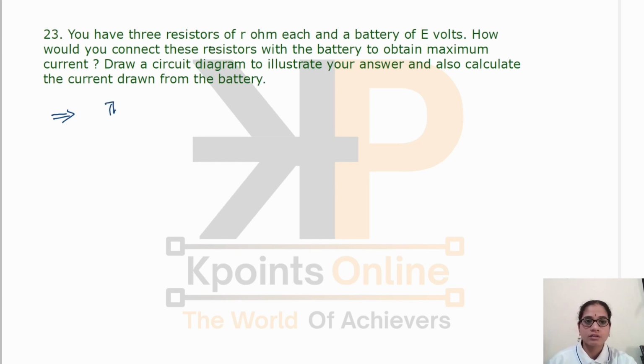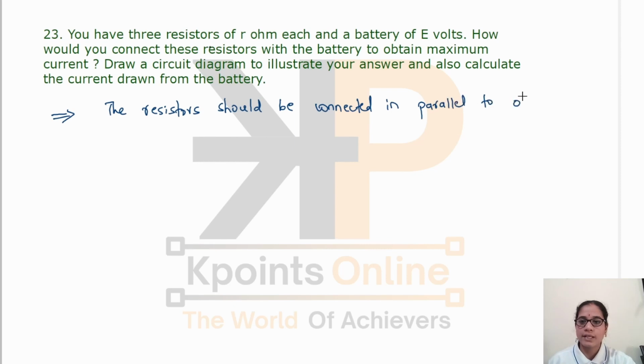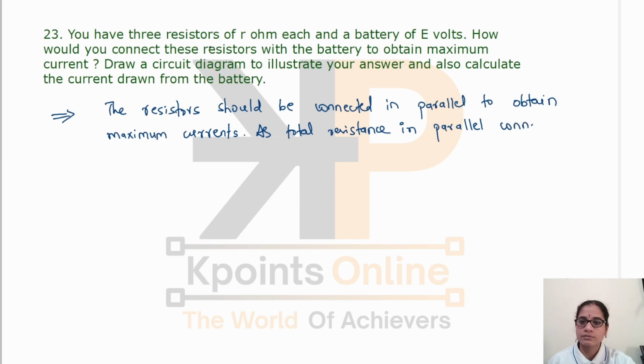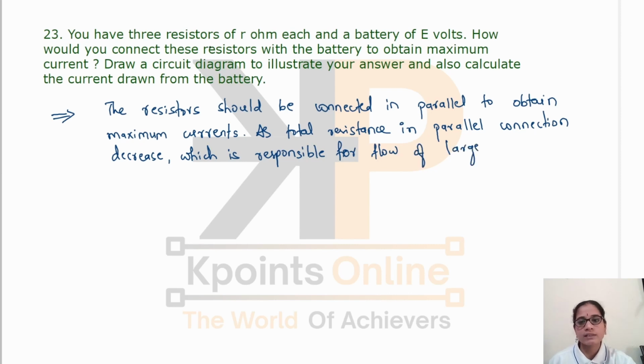So, the resistors should be connected in parallel to obtain maximum current, as total resistance in parallel connection decreases, which is responsible for flow of larger current.